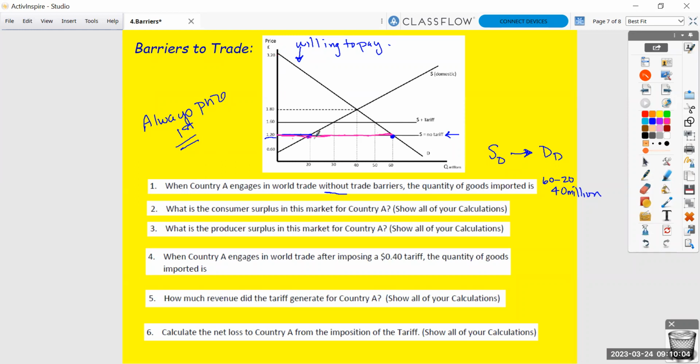So this triangle is the consumer surplus for country A. Because it's a triangle, it's 1/2 times 3.2 minus 1.2, times 60 million. 3.2 minus 1.2 is 2, times 1/2, so our answer is 60 million.